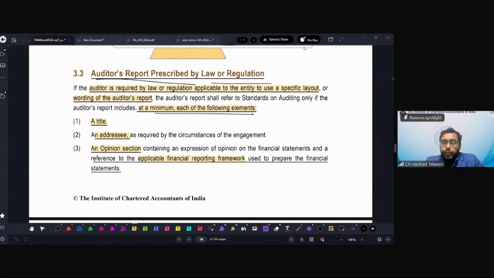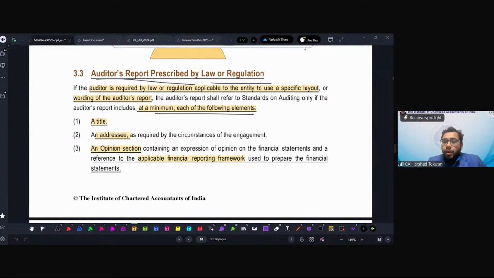So we need to first understand whether there is a conflict or not. If there is a conflict, then based on the conflict we need to analyze whether it would be appropriate to issue a report together on both of the standards.